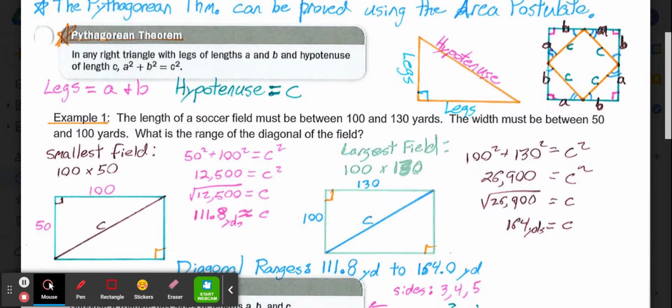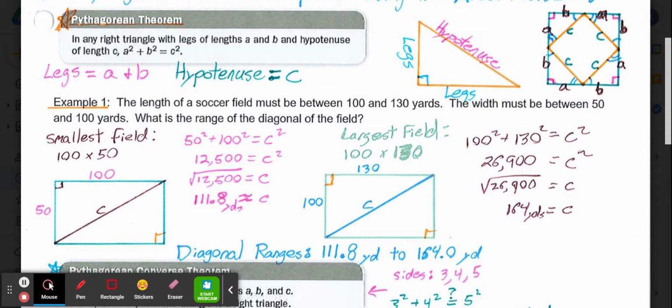So applying the Pythagorean theorem. Example 1: the length of a soccer field must be between 100 and 130 yards. The width must be between 50 and 100 yards. What is the range of the diagonal of the field? In order to find the range, we want to do the diagonal of the smallest possible field and the largest.